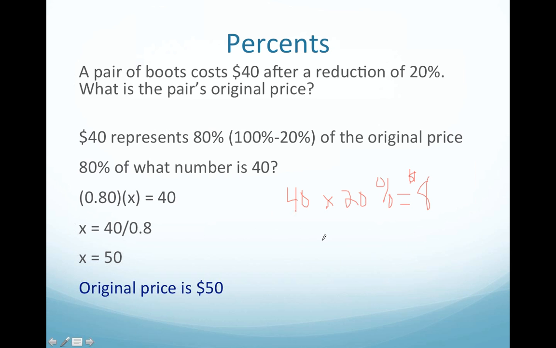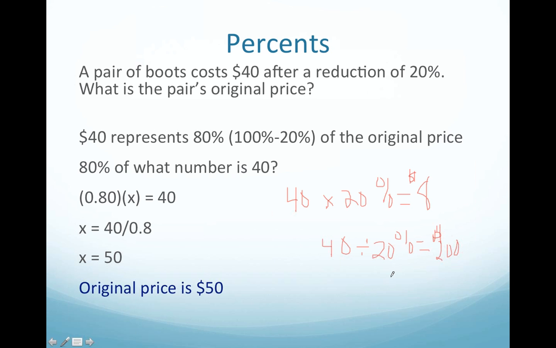Now if you took 40 and divided it by 20%, that would give you 200. And there's no way in the world a 20% discount off of $200 is going to leave you with 40 bucks.